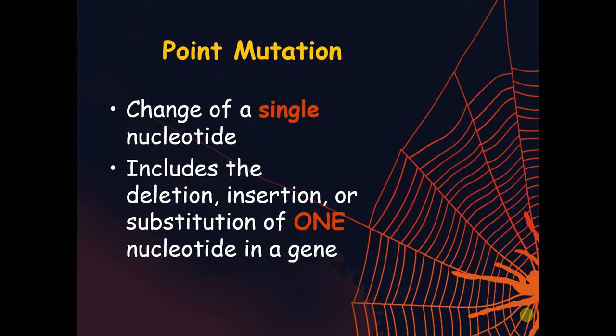Point mutation is a general category that includes an insertion, a deletion, or a substitution of one nucleotide. All right? So point mutation is an umbrella term that includes the more specific types of mutations of deletion, insertion, and substitution when they involve a single nucleotide.